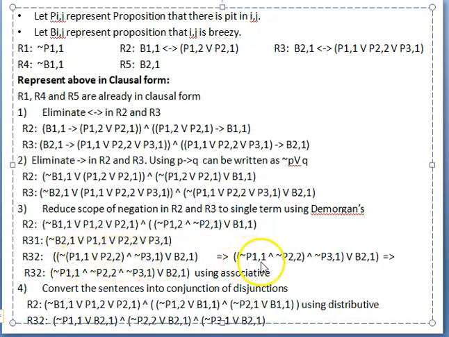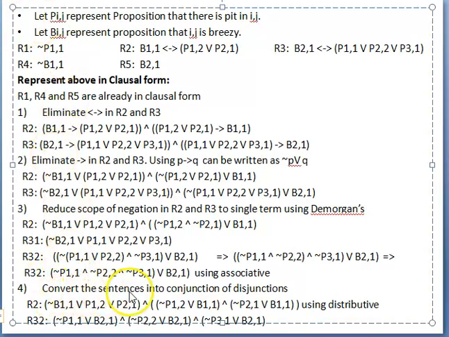So we get negation of P11 and negation of P22 and negation of P31. And when we simplify this further, we will get negation of P11 and negation of P22 and negation of P31 or P21 using the associative property, because if we group the other two using the associative law, it is going to be the same thing.